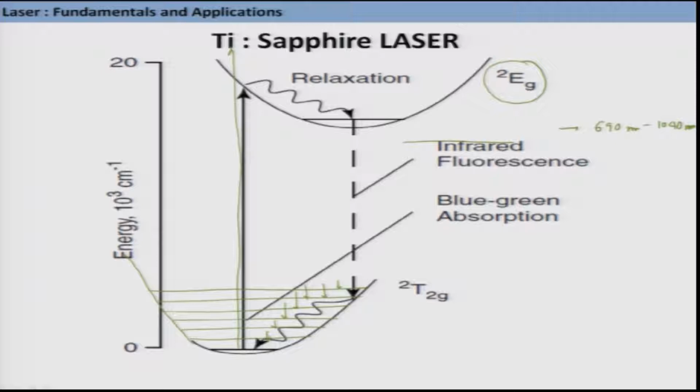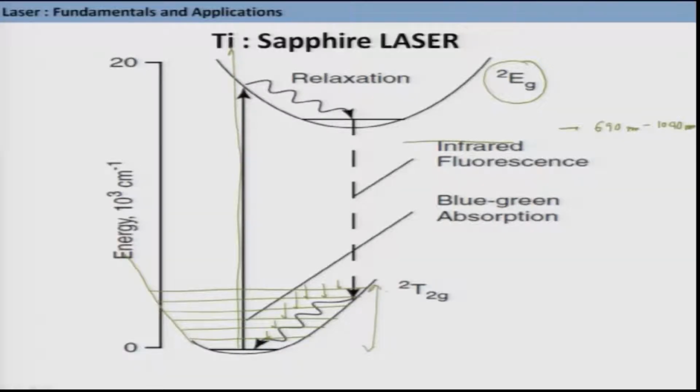The corresponding energies of the emitted light are different, so you have a wide range of emitted energy, and you have an emission band like this, right? This is one source of the broadening in this case.